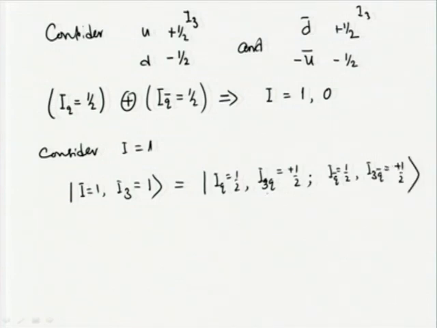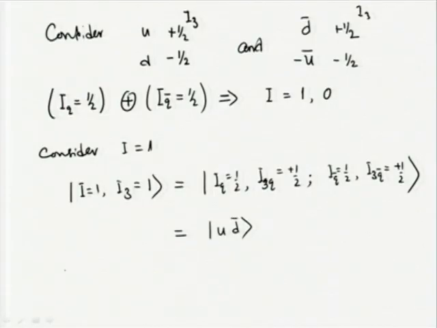So, I3_q and I3_q-bar add up to 1, which is the I3 of the combined system. And ask the question, do we have a particle like this found in nature?